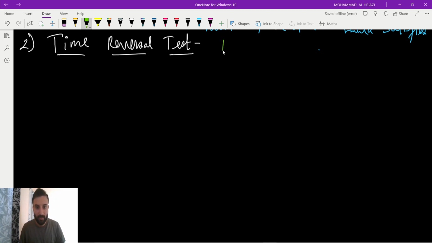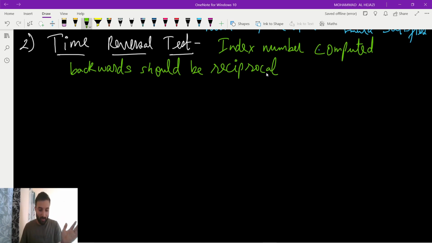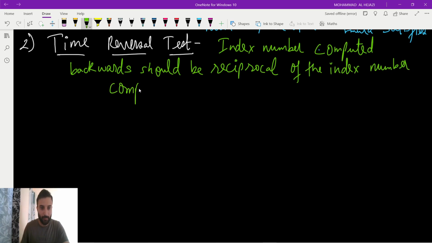So what we will know here is that the index number computed backward should be the reciprocal of the index number computed forward. Computed means calculated.